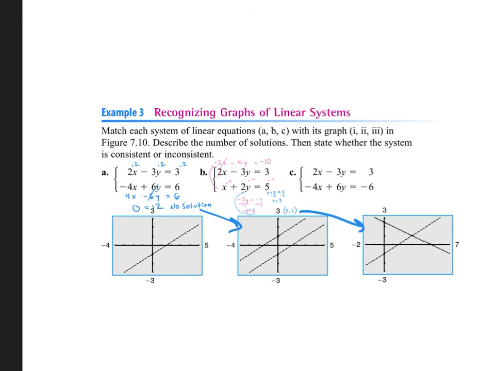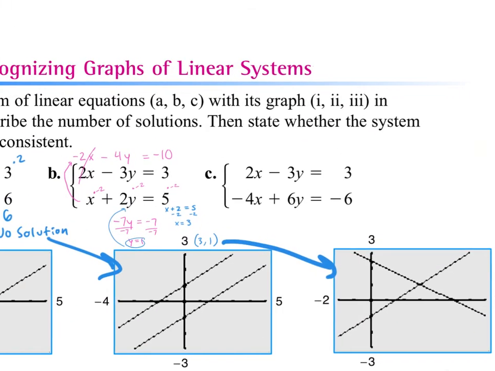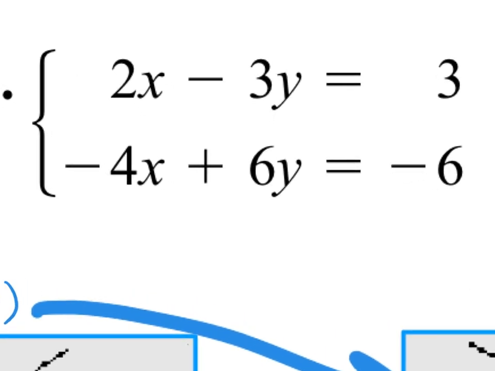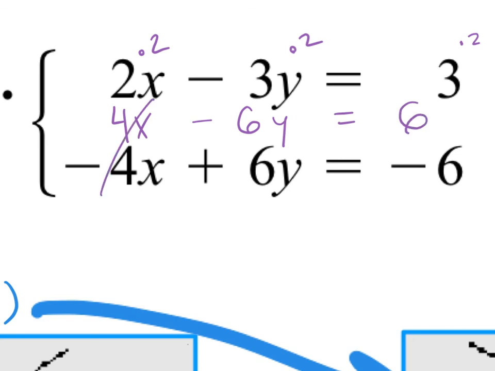All right, let's do C. Do you want to cancel out the x's or the y's? Sure, let's cancel out the x's. What do we have to multiply by which equation to get 2 times the first one? So our new first equation becomes 4x minus 6y is equal to 6. Our x's cancel.